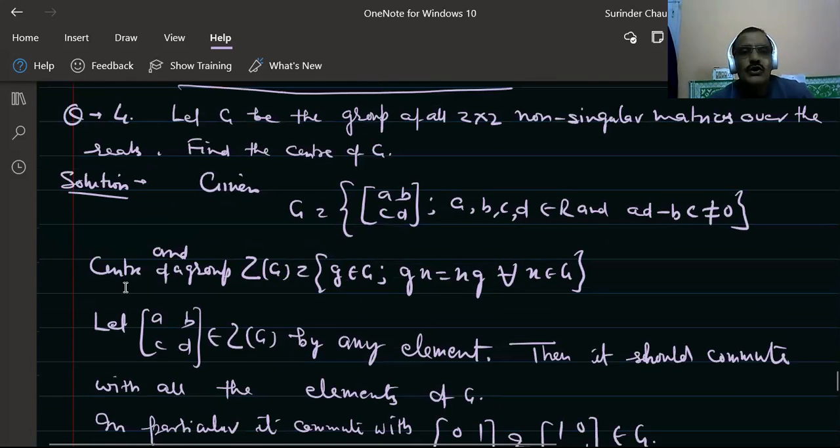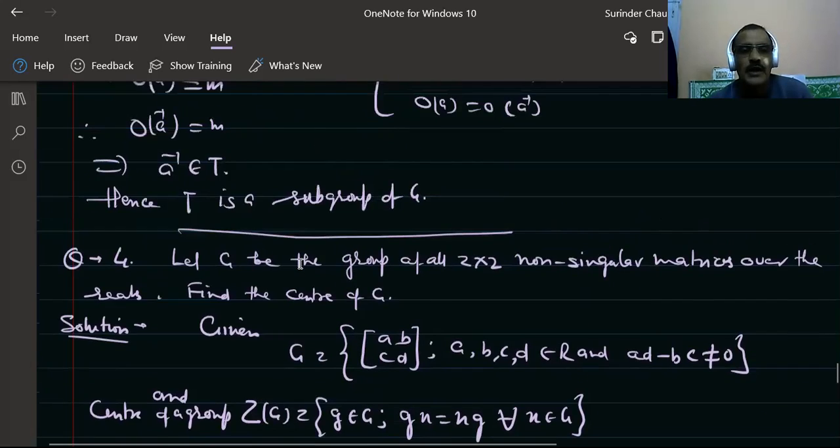Now, what to do? The center of a group G is the set of elements g belonging to G such that g commutes with all the other elements of G. If this is the center of this group, then this will commute with all the other elements of G. So for that, let us assume a general element.